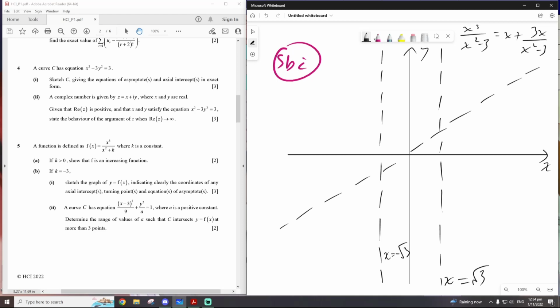Okay, so this is the line y equals x. If you sketch the graph, you'll see it will come from this side, and then there'll be a turning point somewhere here, and then it will tend towards the vertical asymptote. My drawing is not super accurate, but I don't think it's too bad.